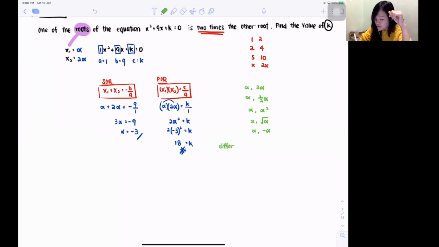The roots differ by 2. Okay, what is the meaning of differ? Differ means the difference is 2. Just imagine you are 16 years old. If I say your brother's age differs from yours by 2, so if you're 16 years old, your brother can be 18, or he can be 14, my dear, because I never say whether he is an elder or younger brother.